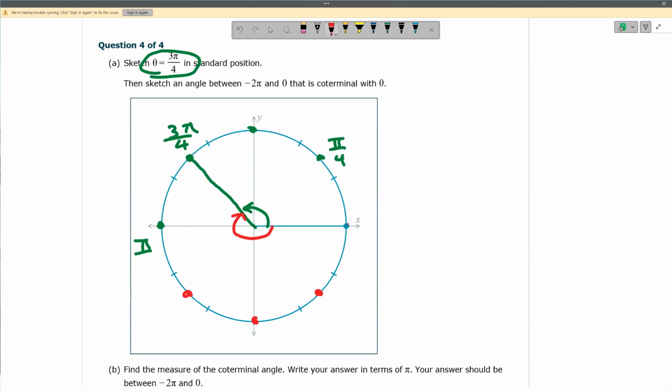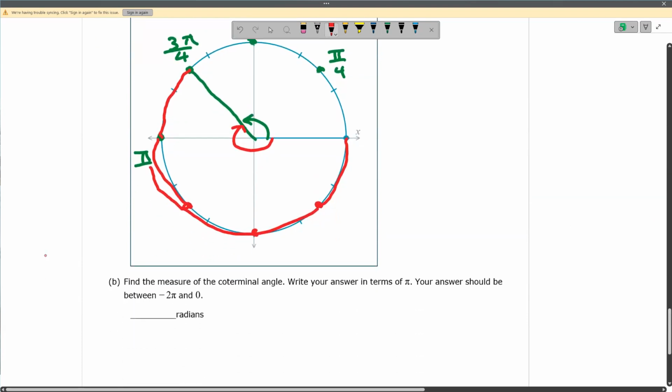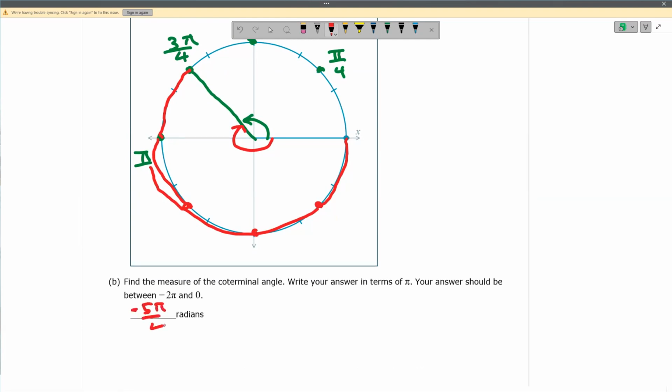So you're going to count, going from here to here: this is 1 pi over 4, this is 2 pi over 4, you have 3 pi over 4, you have 4 pi over 4, then 5 pi over 4. So this angle over here is 5 pi over 4, but in the negative direction. So we have negative 5 pi over 4 as the coterminal angle.